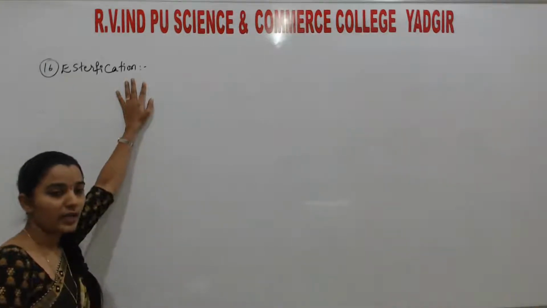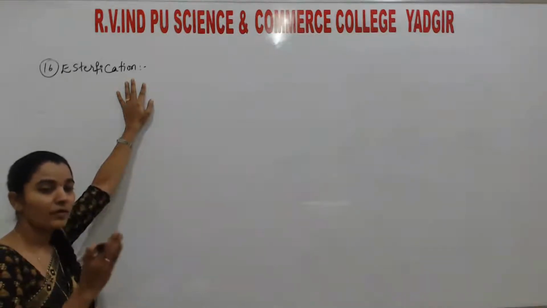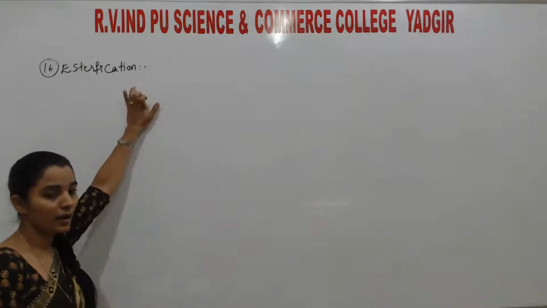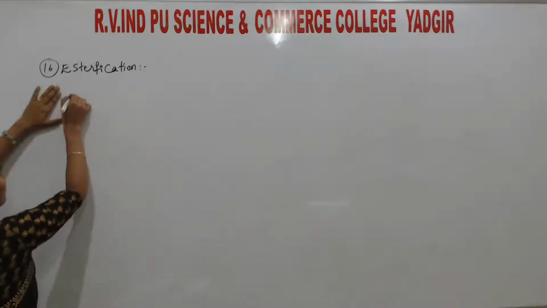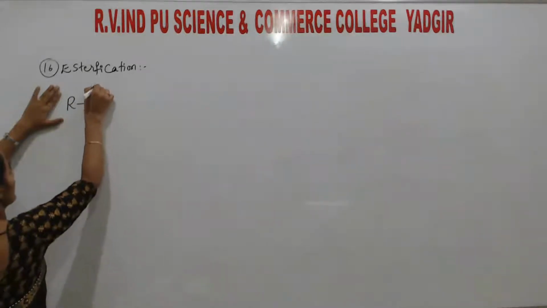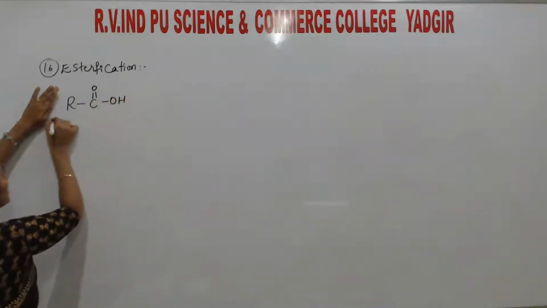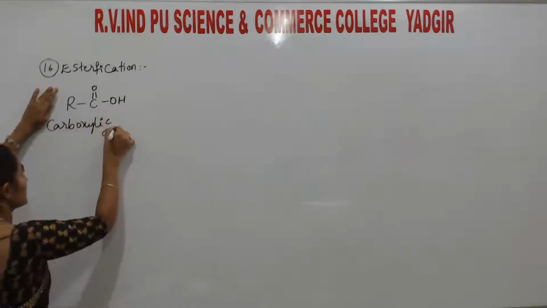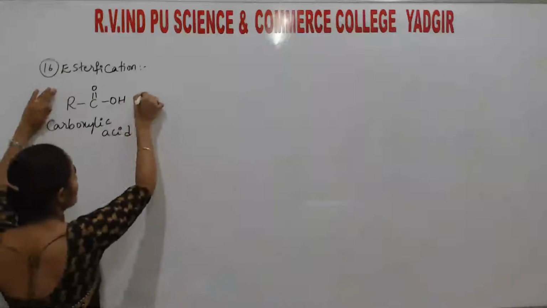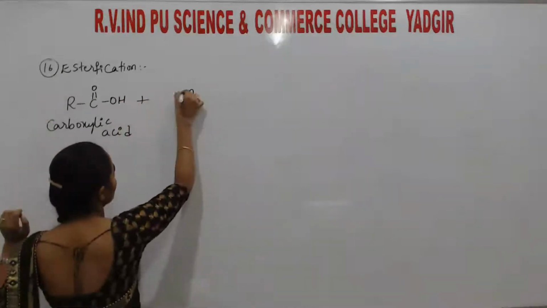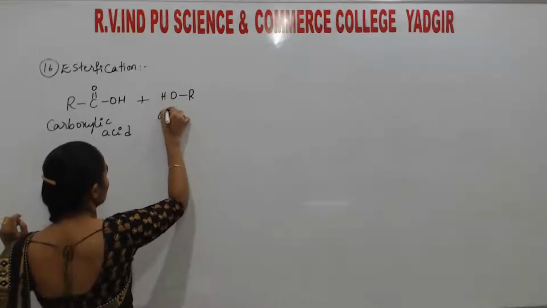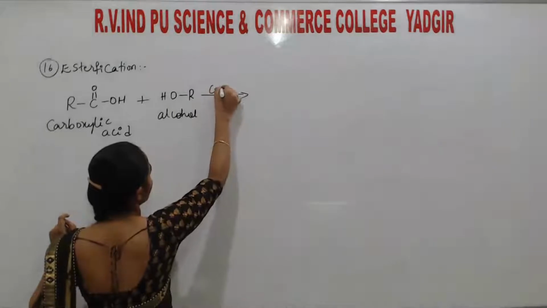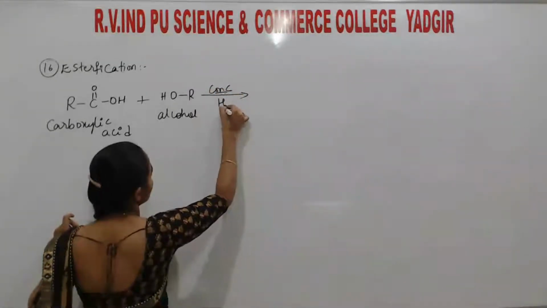Esterification reaction. What is this esterification? The formation of esters from carboxylic acid and alcohol. Here is an example of a carboxylic acid, R-C double bond O-H. This carboxylic acid is made to react with alcohol in presence of concentrated H2SO4.